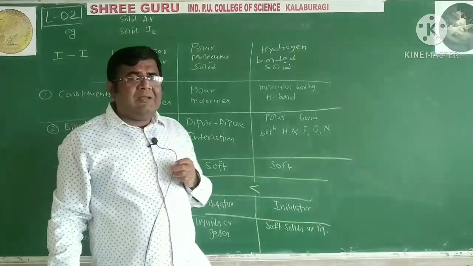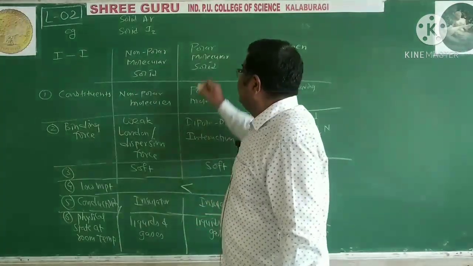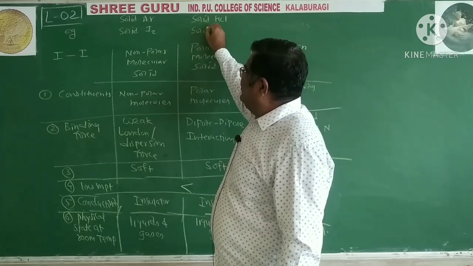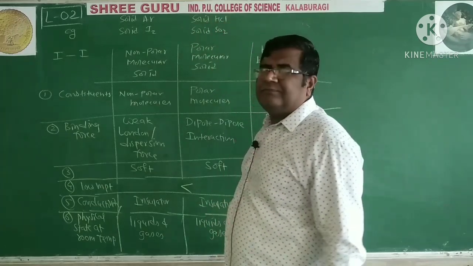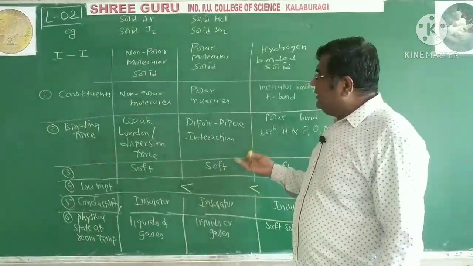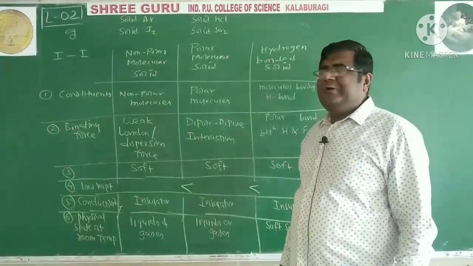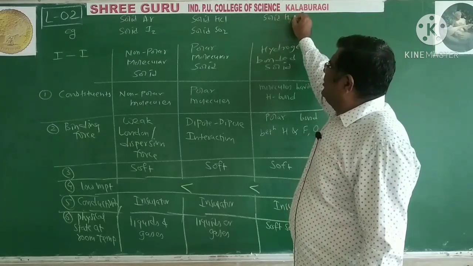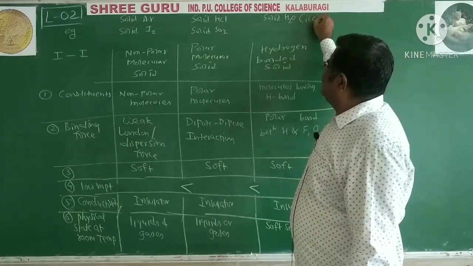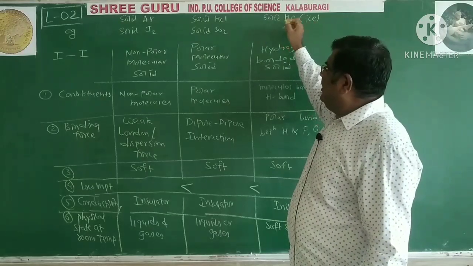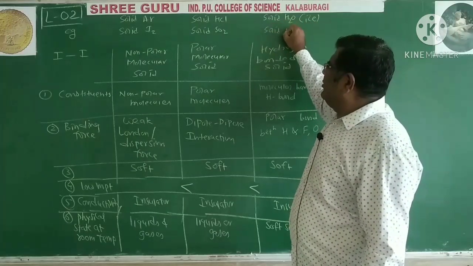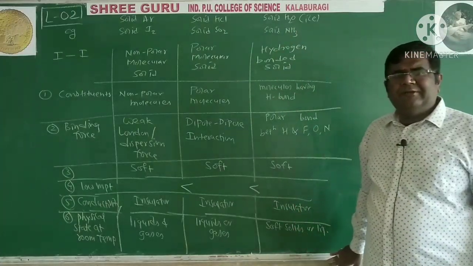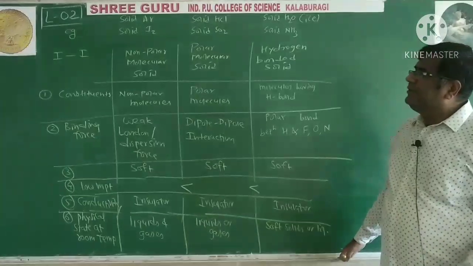In case of polar molecular solid, we can give the example of solid HCl or solid SO2. Because we are learning crystalline solids, that's why we use the word solid. For hydrogen bonded, solid H2O, which is nothing but ice. And another example is solid ammonia, because ammonia also involves hydrogen bonding, right?